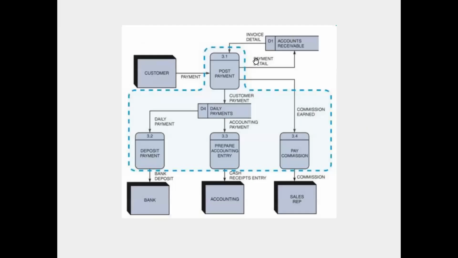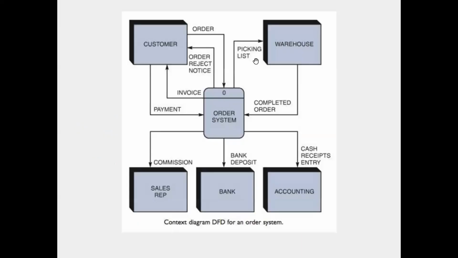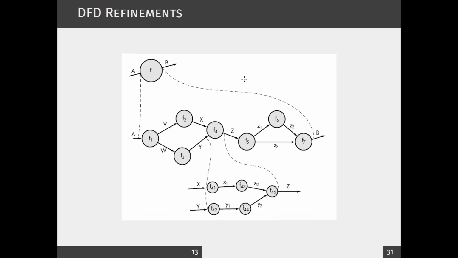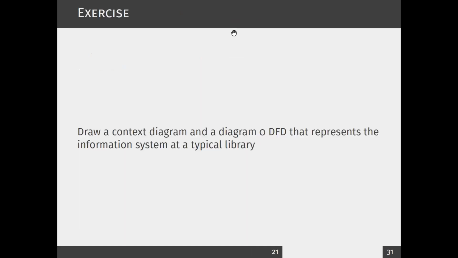What do you mean by a context diagram? We have a main system, and then we have some entities. So let's start. I will give you 10 minutes. So let's do it.